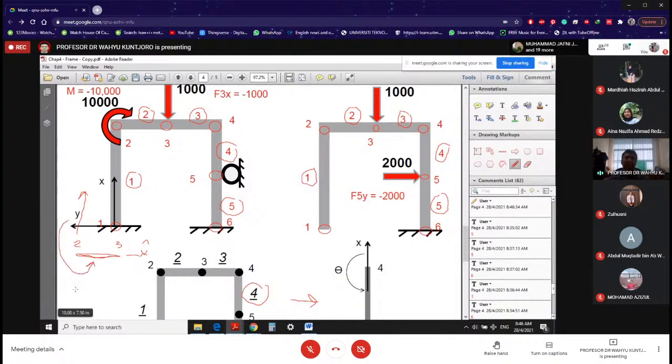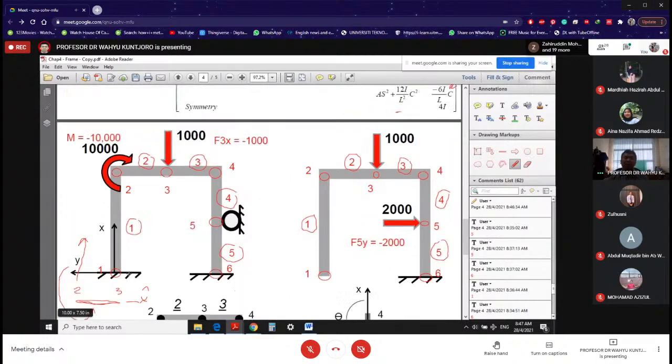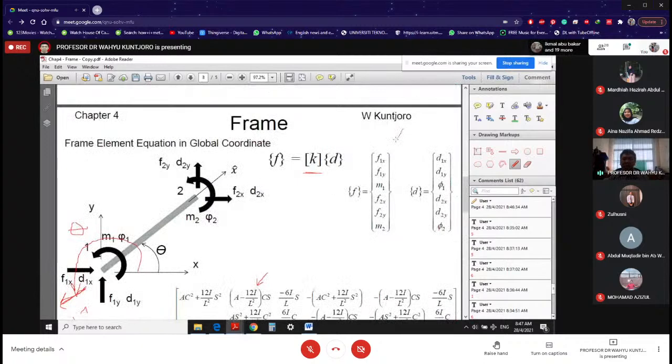So that is your theta, which is going to be 170 degrees. If I do it like this, then the theta that we have here is going to be used for our cosine and sine. And because it is from 2 to 3, I'm going to write F2x, F2y, M2, F3x, F3y, M3, and also displacements D2x, D2y, rotation 2, and D3x, D3y, rotation 3, for us to fill in here.